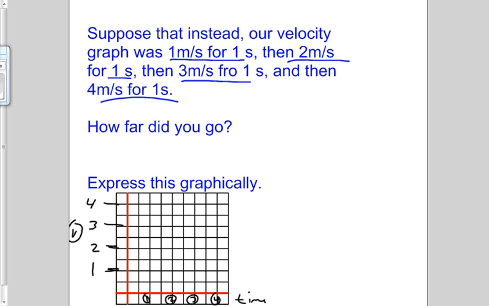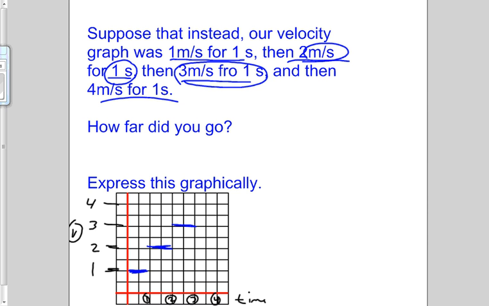From 0 to 1 second, I'm going 1 meter per second, and I express that graphically with this line. That's my velocity. Then I'm going 2 meters per second for a second, so between 1 and 2 seconds, I'm going 2 meters per second. And then between 2 and 3, I'm going 3 meters per second.